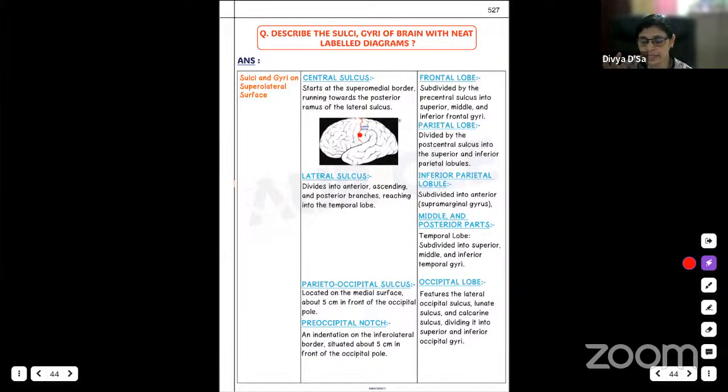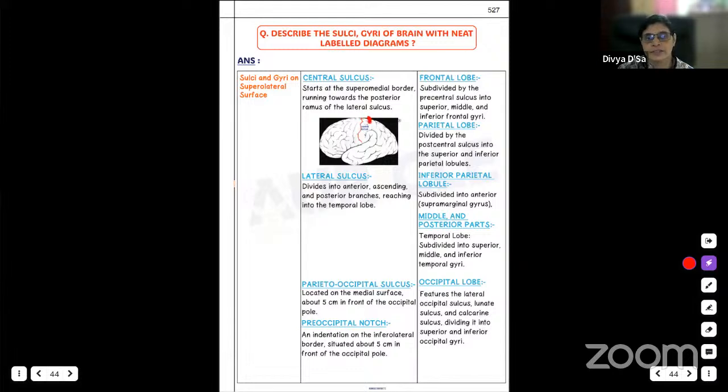But there are four sulci which are actually constant: the central sulcus, the lateral sulcus, the parieto-occipital sulcus, and the calcarine sulcus. Those four sulci are very constant in all people, so we consider them the main ones.